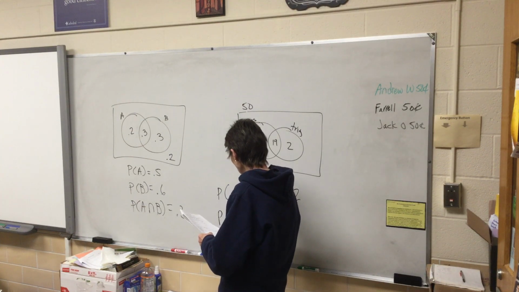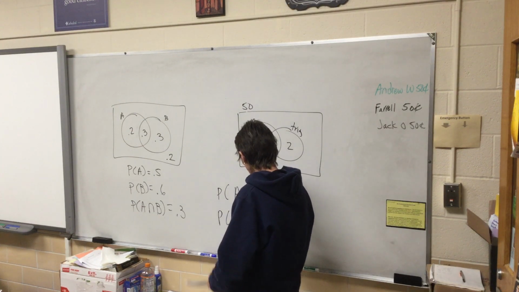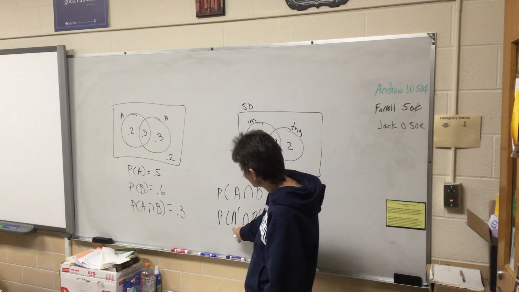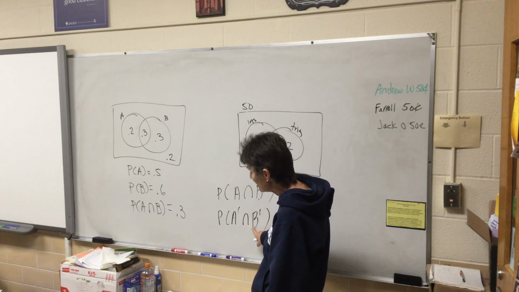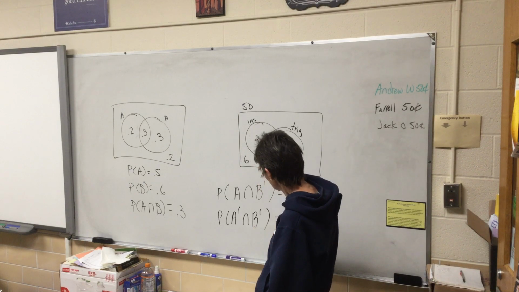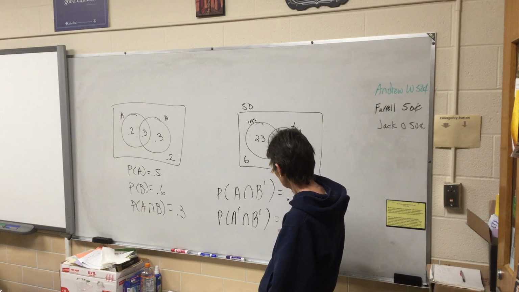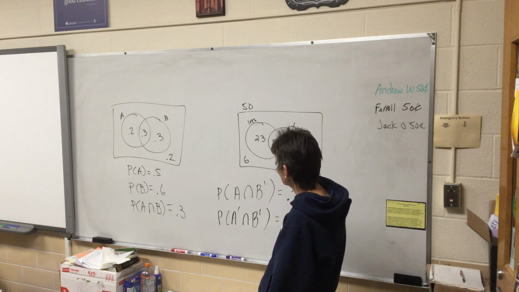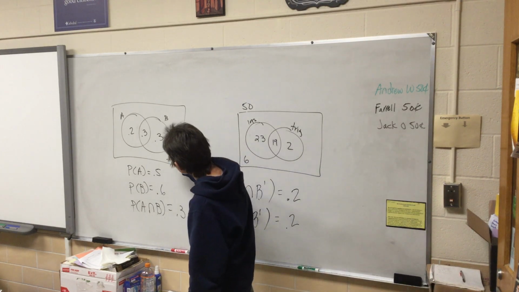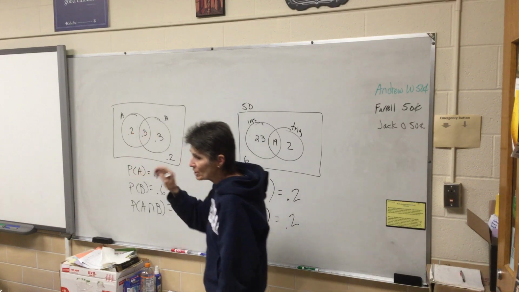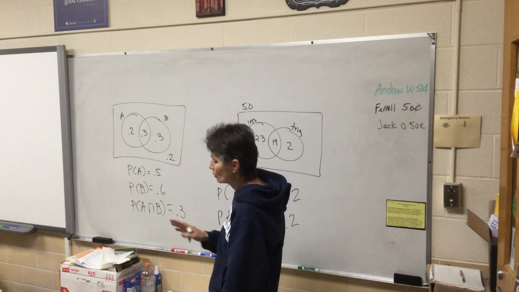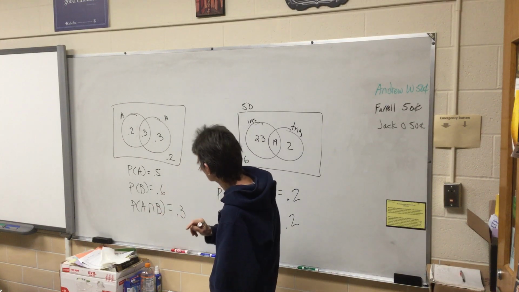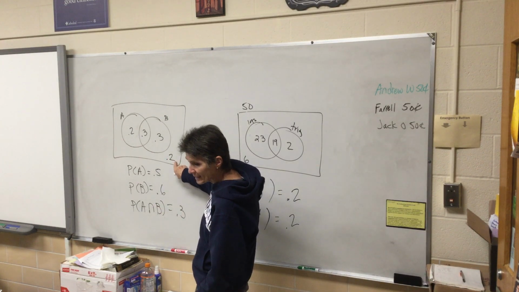How about the probability that I don't like either one? This says I don't like A and I don't like B. What's that? 0.2. Yes. If you're in a circle, you like something, okay? These people don't like either one.